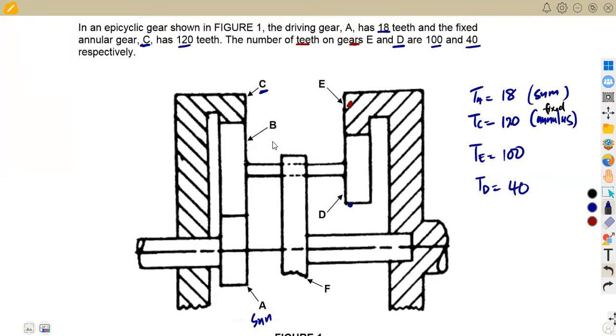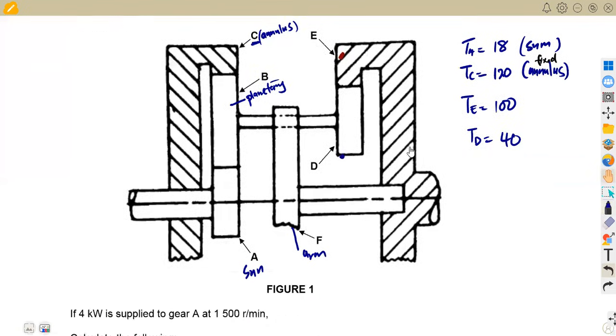From the information given, we have the sun, and the annulus, which is the ring gear. B is the planet gear, A is the sun, and F here is our arm. Then we've got gear D and gear E on the other part.